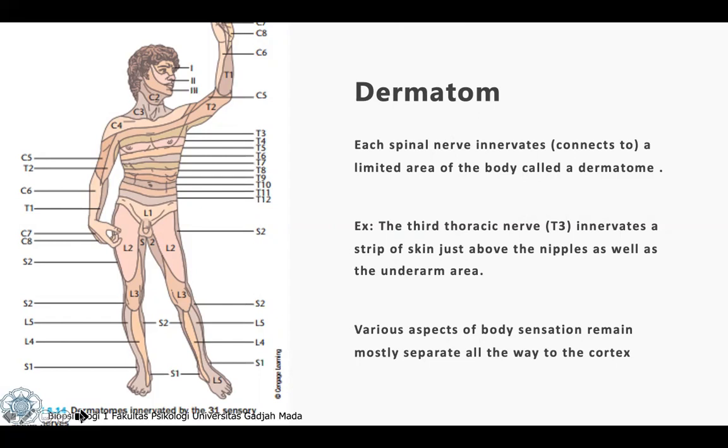And then the information about skin sensation also goes to areas such as the anterior portion of the cingulate gyrus and the insular cortex, which respond only to the pleasantness of the sensation but not the sensation itself.